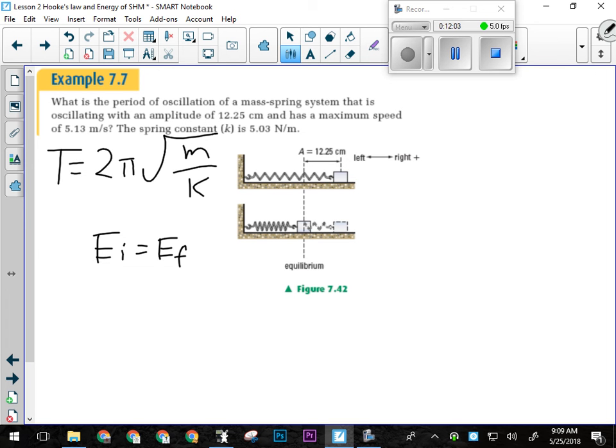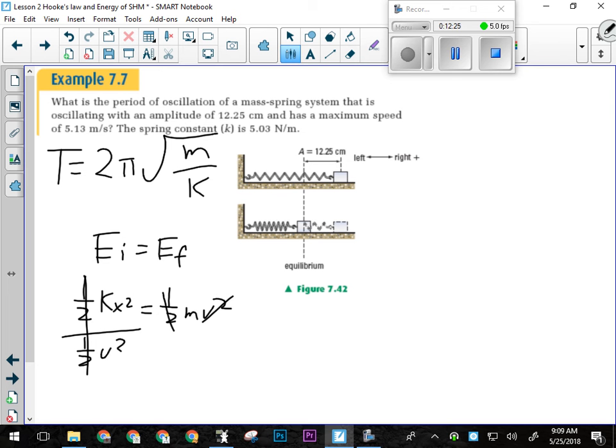So this is the same thing with an extra step on the end. I would have 1/2 kx squared, the maximum amplitude in this case, equals 1/2 mv squared. I would just bring the half of v squared over to this side. The halves will cancel, and that will solve for m. Then I can plug m into this formula.